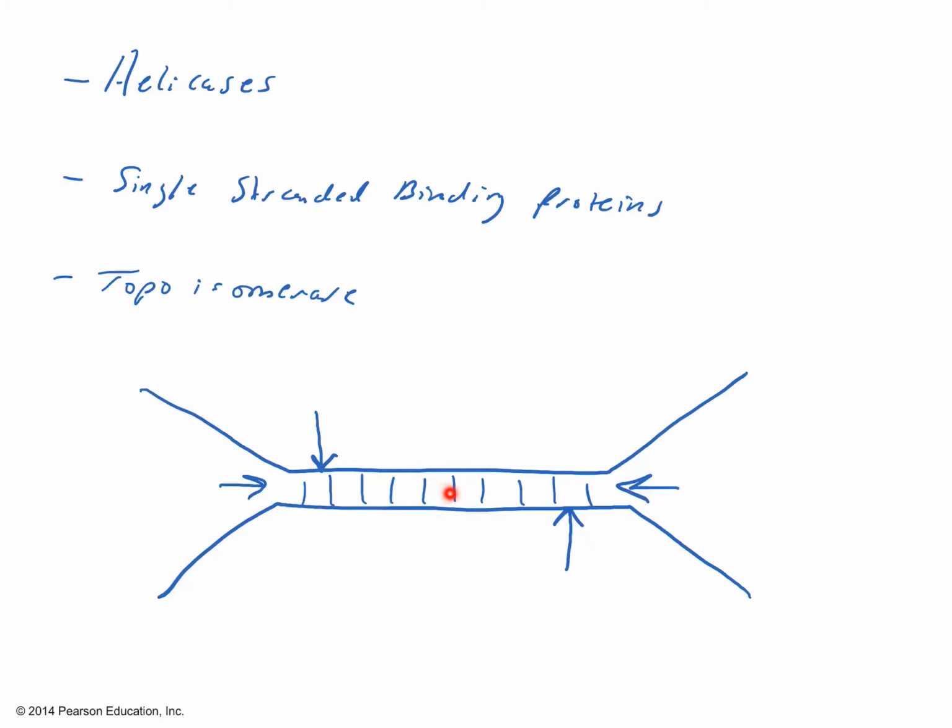The forks continue moving closer. Overwinding continues again. Topoisomerase comes in, makes another cut here, and maybe another cut there. The section in the middle that was overwinding releases the tension and goes back to normal. So that's what topoisomerase does. It prevents overwinding by making those cuts in the sugar phosphate backbone, allowing that section in between that was overwinding to unwind and relieve the tension.